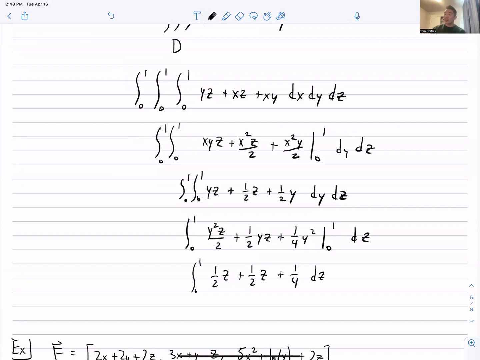And so that will be z squared over 2 plus 1/4 z evaluated from 0 to 1. And so our final answer is just 3/4.